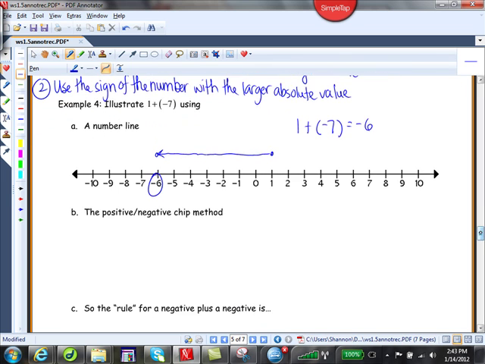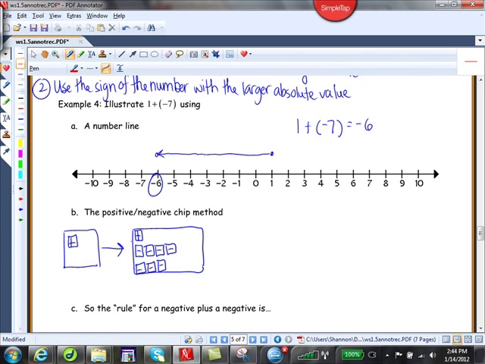So the positive negative chip model, well, we would just start out with our 1 positive, and then we add in our 7 negatives. So we have our 1 positive, and then we have 1, 2, 3, 4, 5, 6, 7 negatives.